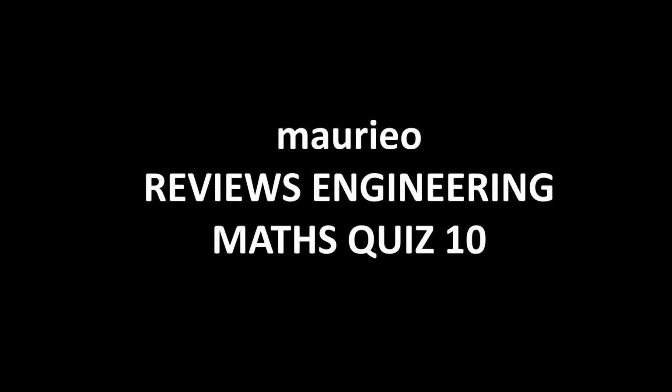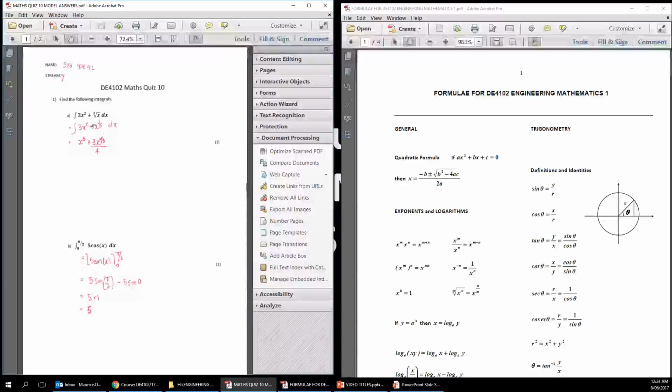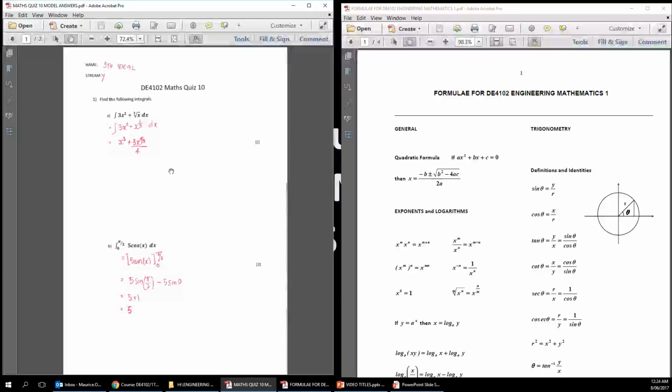And first of all, we'll bring up the formula sheet and then the model answers. Okay, so let's see if we can close the tools pane, and we're working here on the left. Well, the first question is fairly straightforward. That's just a straight anti-differentiation, really.